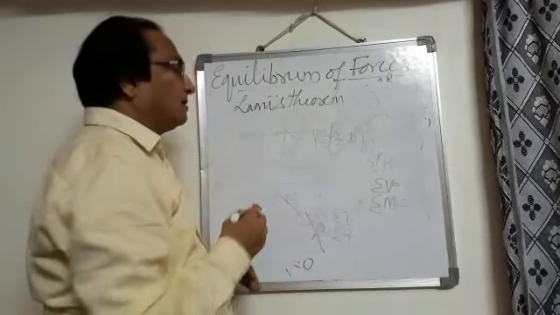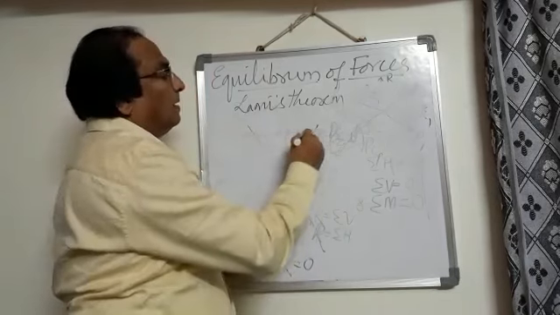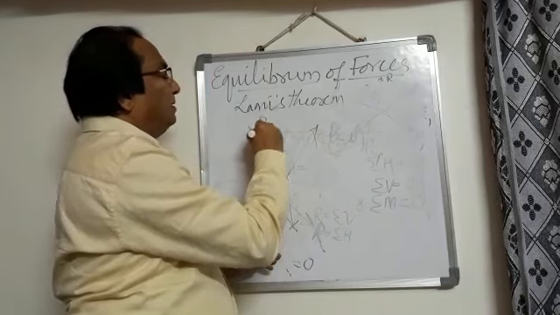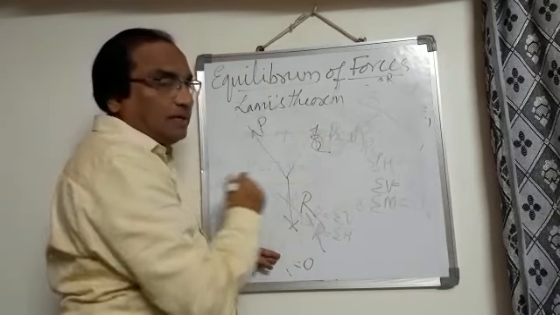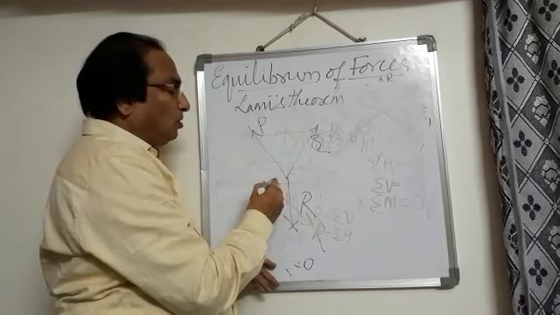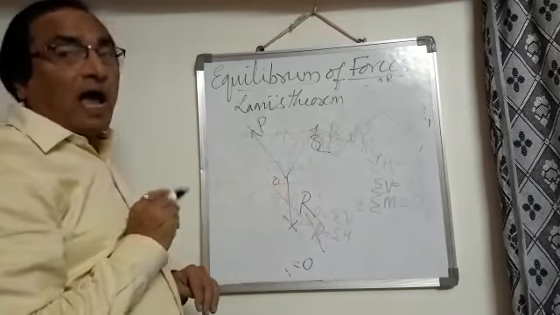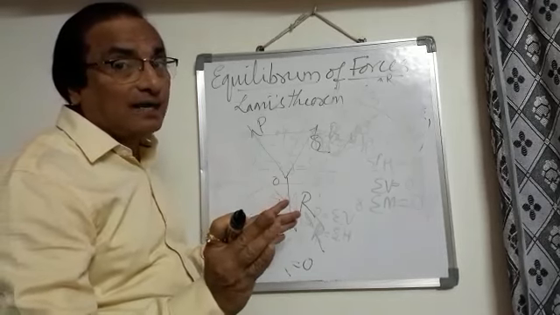It states that if there are three forces acting, P, Q and R. If there are three forces acting P, Q, R simultaneously at a point O, if alpha, beta and gamma are the angles. Now see how that angles are there.